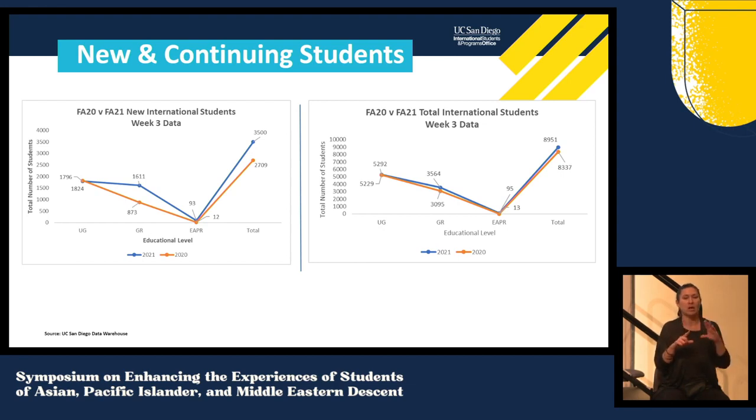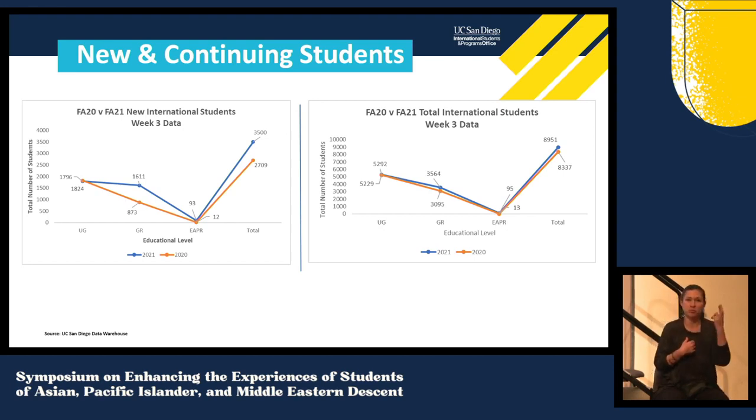As you can see, there were more new international students in fall 2021, and you're probably wondering why that is. There are maybe two reasons. One is, of course, the improvement in health and safety around the world, but most of these are actually graduate students at the master's level who deferred their admission during the pandemic and are now coming back, and that's where you see the growth.